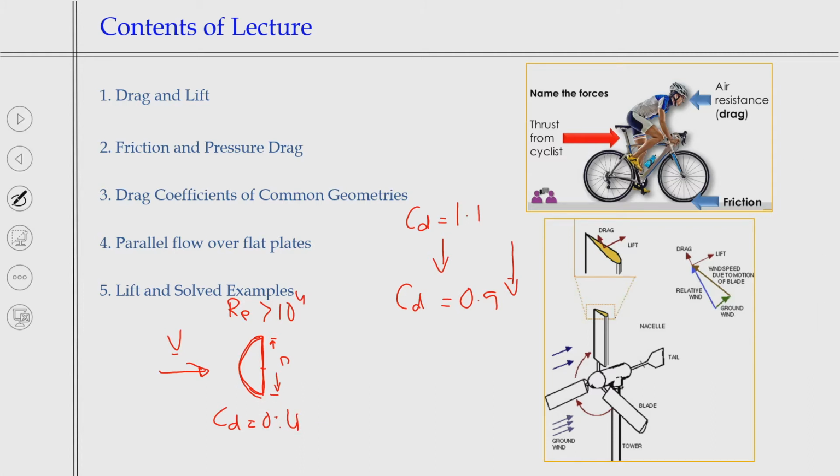But if I just reverse it, like you sometimes do with your umbrella, the wind direction and your umbrella direction will be different. In that case, the CD will go to almost 3 times this value, 1.2.